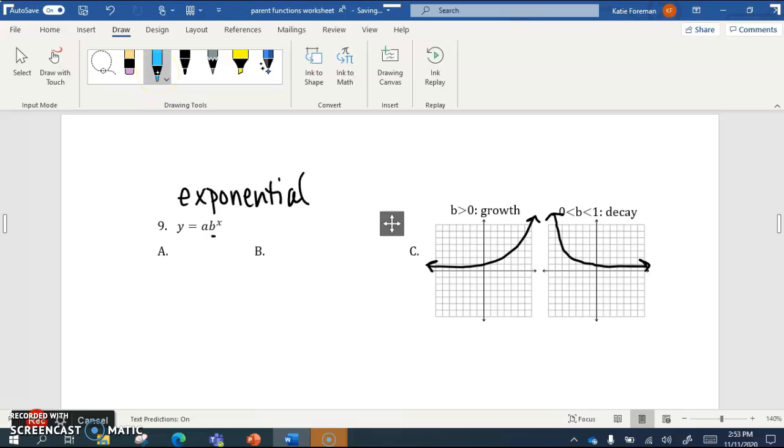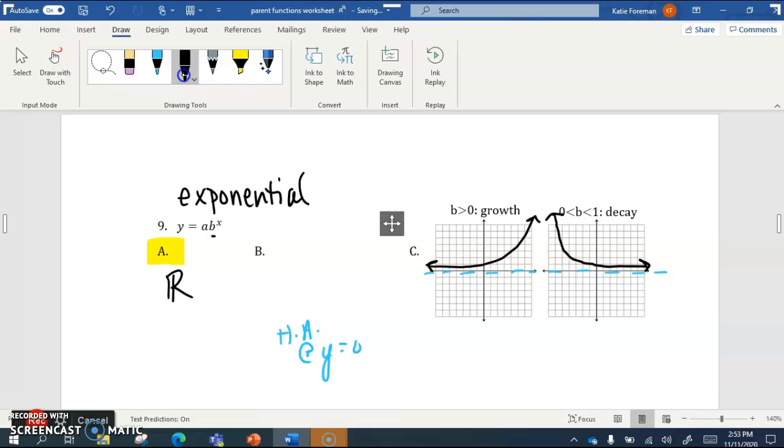Now looking at these two graphs, hopefully you can see we have a horizontal asymptote at y equals 0. So that's going to be directly related to the range. The domain, x, is all real numbers, and that'll never change. It doesn't matter if x is positive, negative, a fraction, a decimal, an integer, irrational, rational.